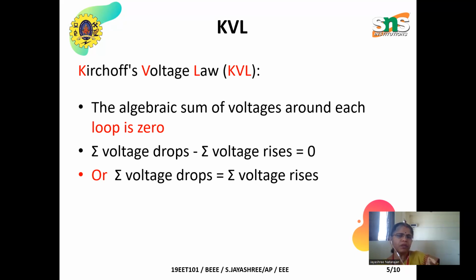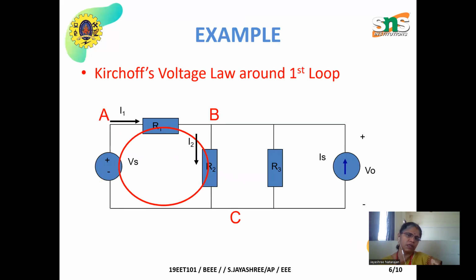So according to Kirchhoff's voltage law, the sum of voltages equals zero. Otherwise, we can say the sum of voltage drops plus voltage rises equals zero. Otherwise, the sum of voltage drops equals the voltage rises. So these are all the statements of Kirchhoff's voltage law.